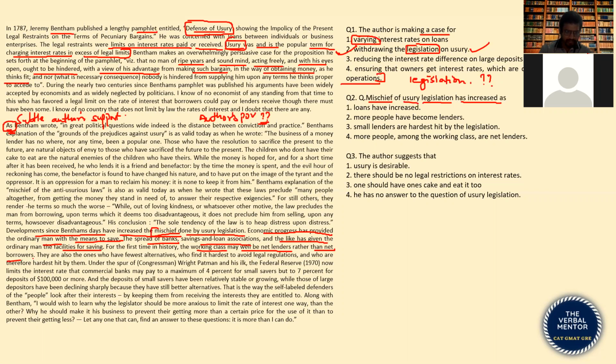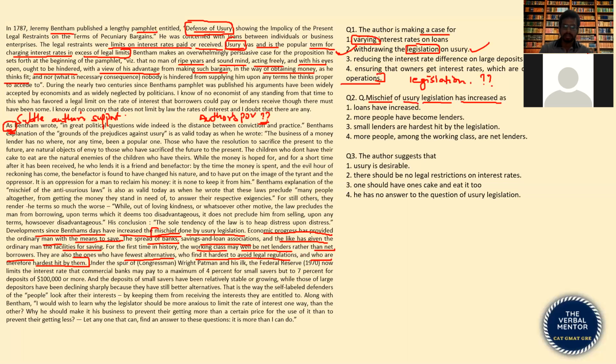Okay, but wait. The idea is still in continuation. So I'm not going to go back to the question yet. They are also the ones who have fewest alternatives, who find it hardest to avoid legal regulations and who are therefore hardest hit by them. Okay.